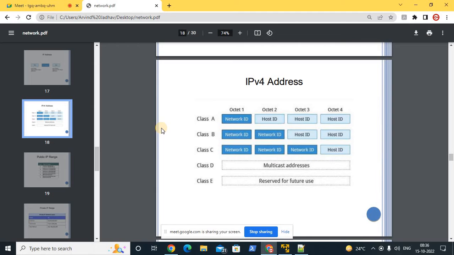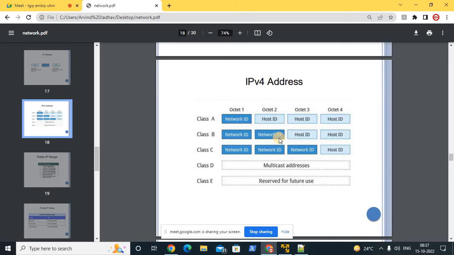In class B, the first 2 IDs cannot be changed. Right now we are not discussing what is public and private. We are discussing what a network ID and a host ID are. So these 2 IDs we cannot change. That means the network ID cannot be changed in class B, up to the first 2 octets.